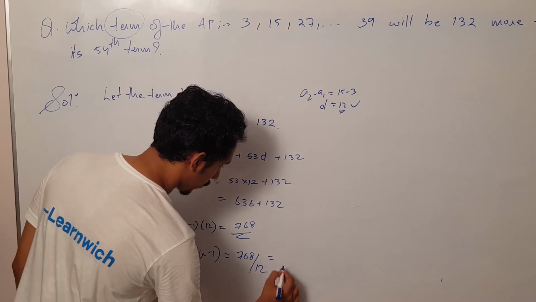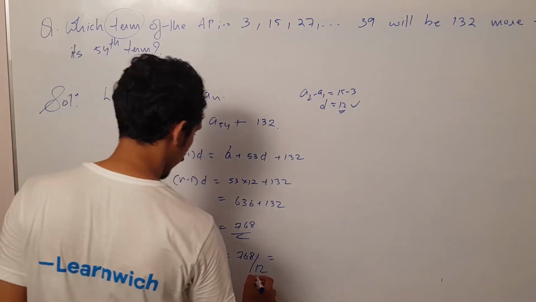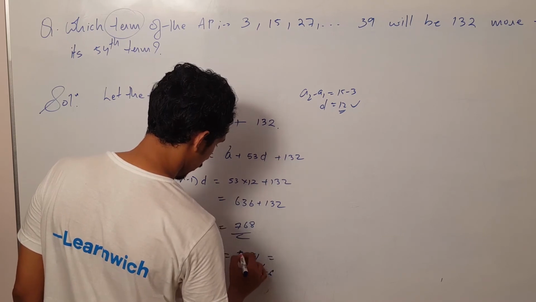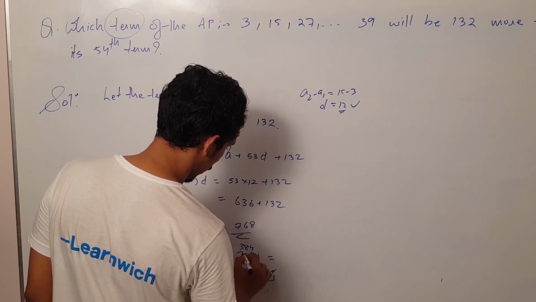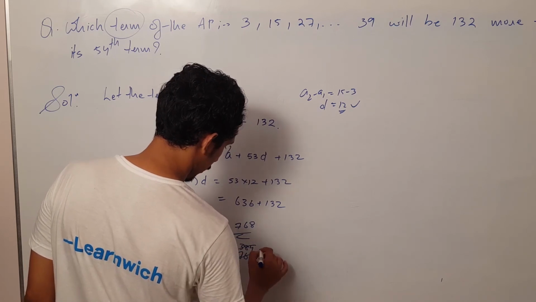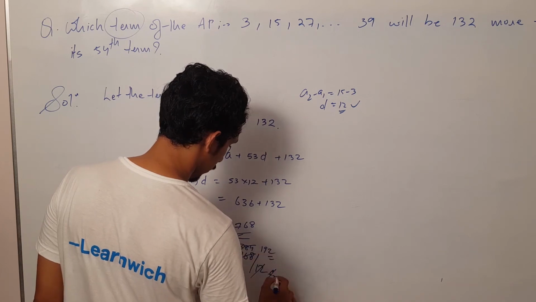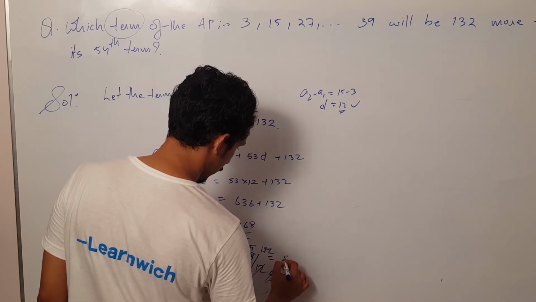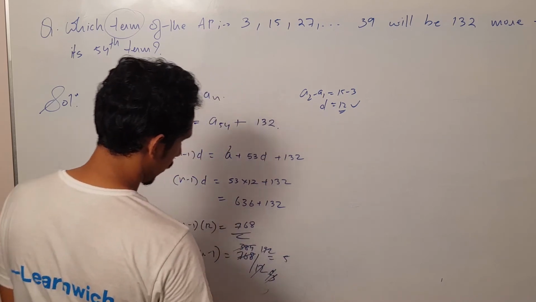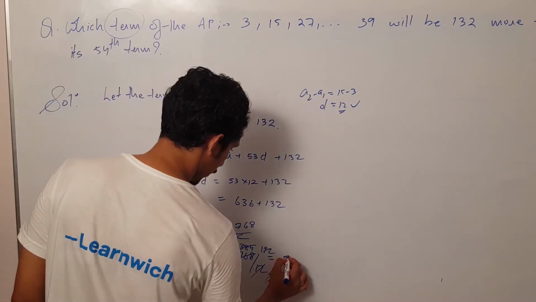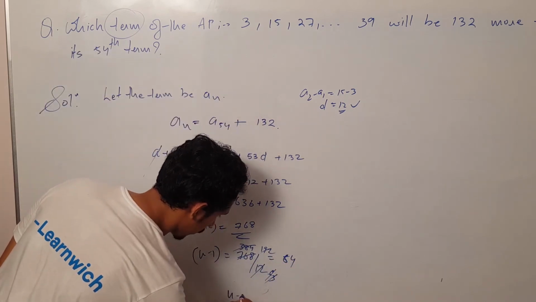768 divided by 12. So when you solve this, you divide by 2 to get 384, again by 2 to get 192, and again to get 64.